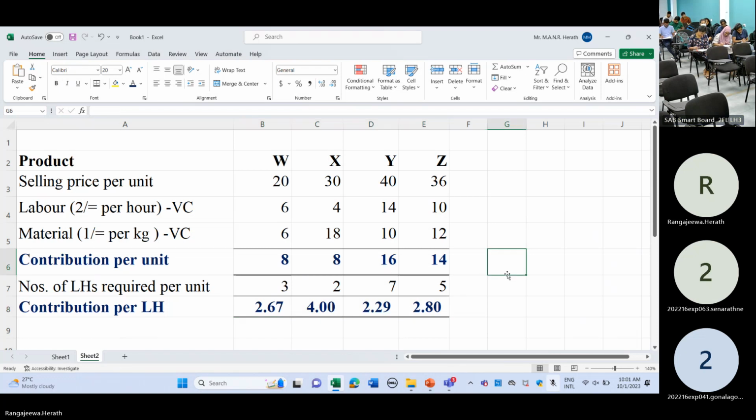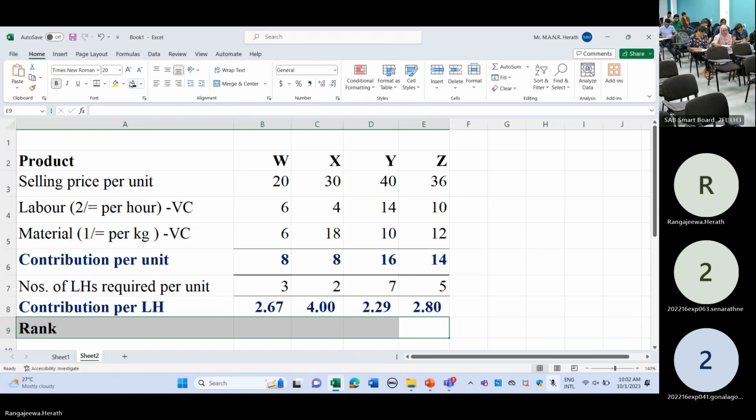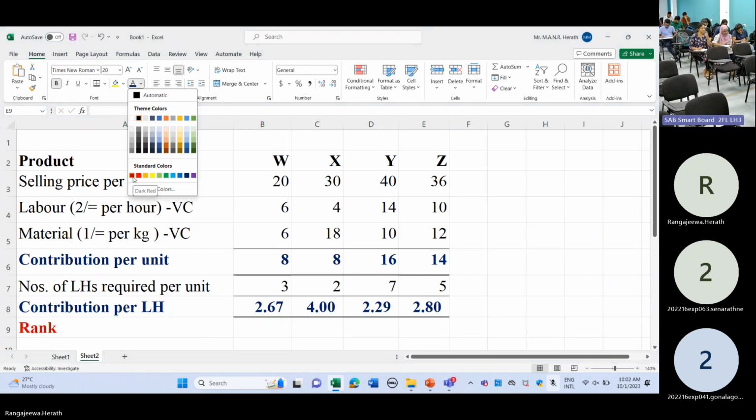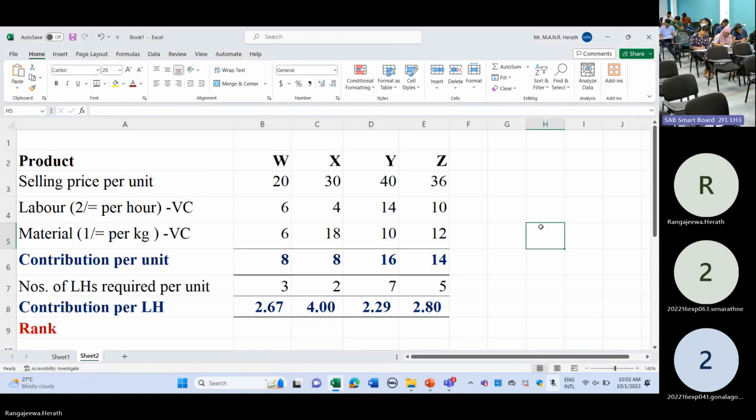Now, since we have a restriction of number of labor hours, we should rank what is best to produce by the company based on contribution per labor hour. So the highest contribution per labor hour is by product X.